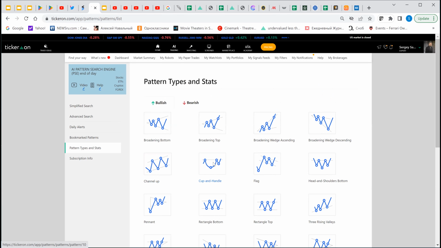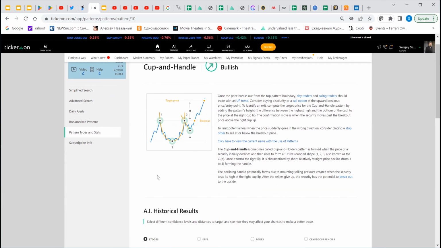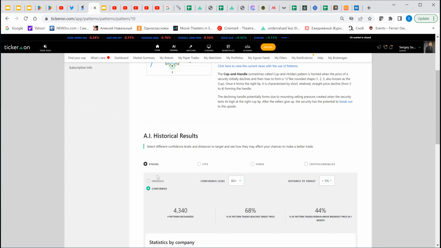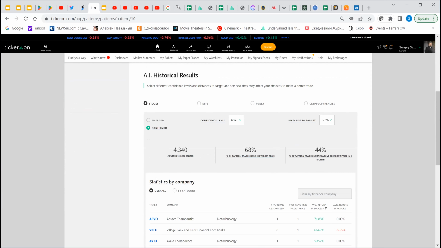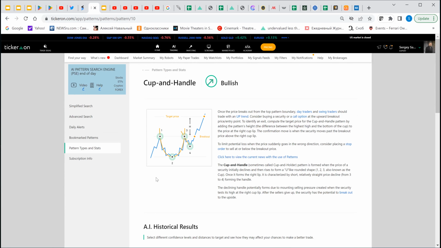Our image recognition system goes to the market, looks at thousands and thousands of stocks and says, I found that for you if you subscribe, and then does the back testing and then generates the signals. What it means is you actually can create your own robot.